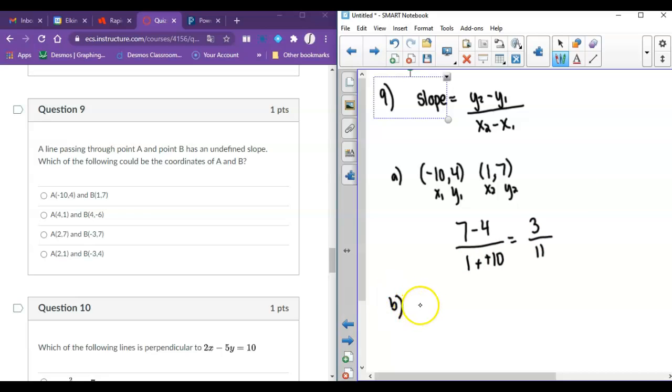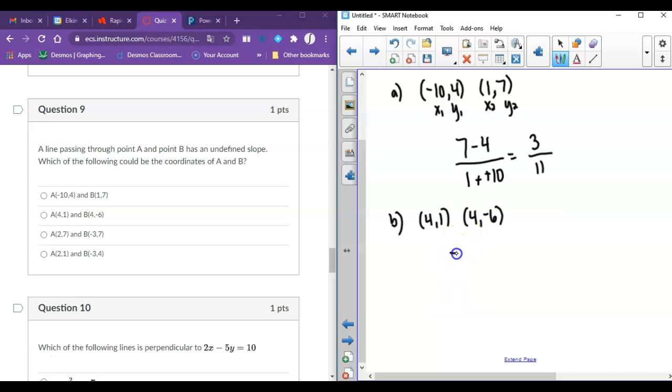Let's try B. For B, we've got 4, 1, and 4, negative 6. So I would say negative 6 minus 1 over 4 minus 4, and that's going to give us negative 7 over 0. Now, this is undefined.